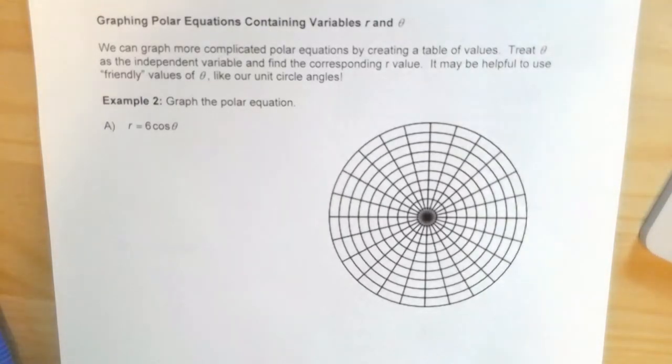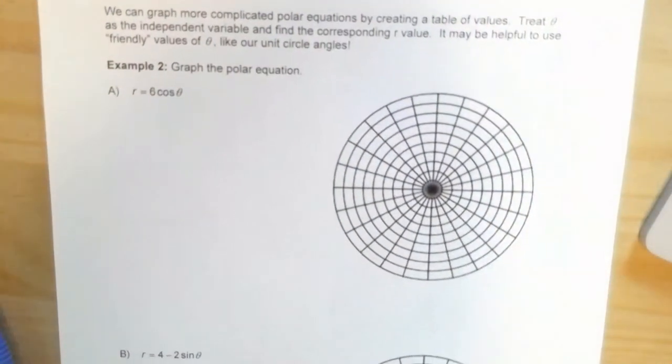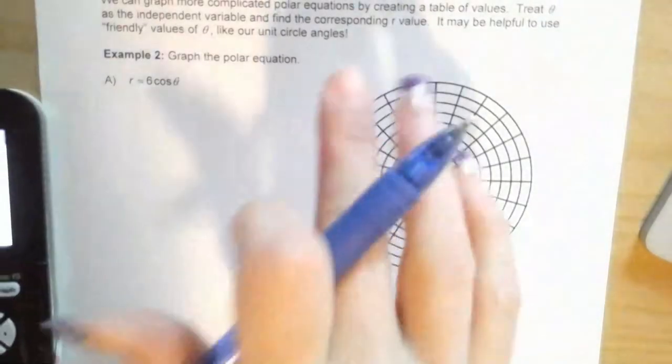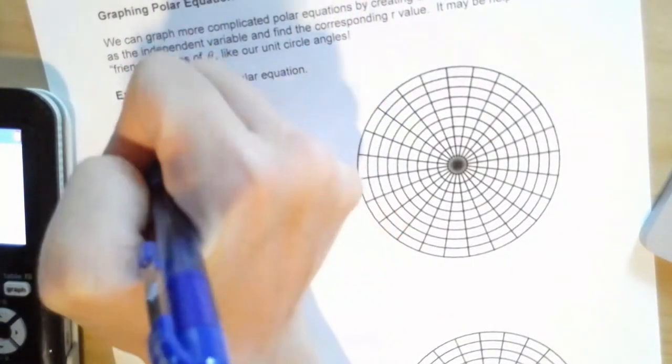Really, it doesn't matter, but you want to make it more consistent for yourself, where you're not estimating all of your problems. So yes, definitely we can memorize our unit circle and memorize all of our nice friendly values, because we should be able to do it without it. So also though, make sure you have your calculator on hand to double check your work. Alright, so let's make our table.